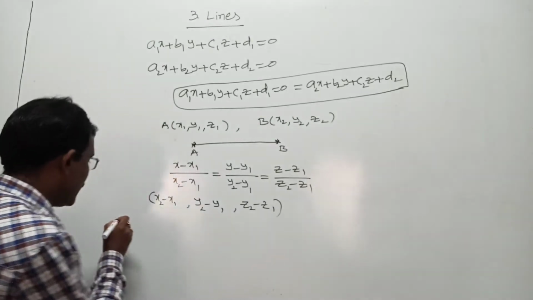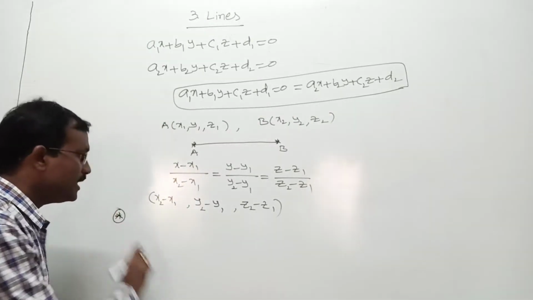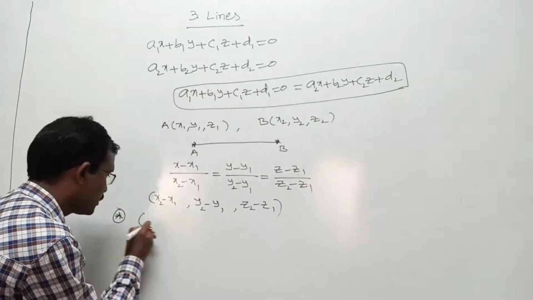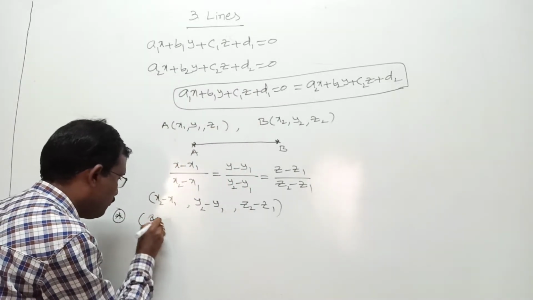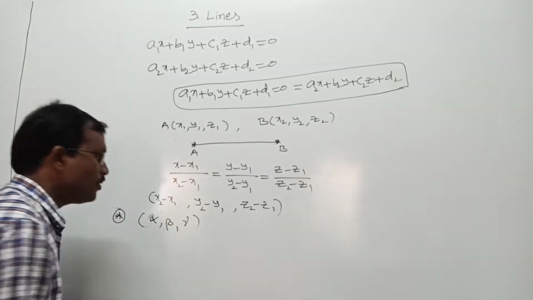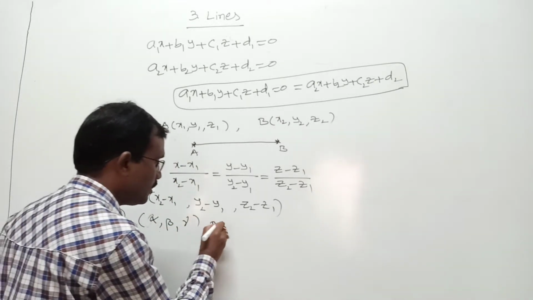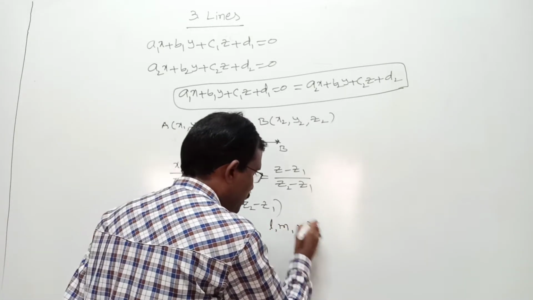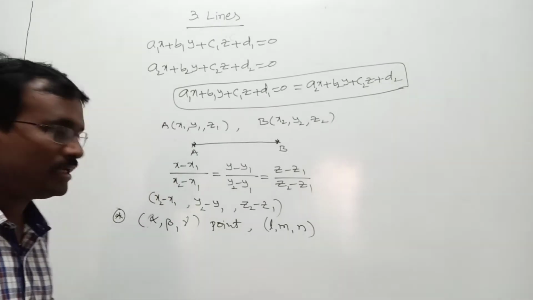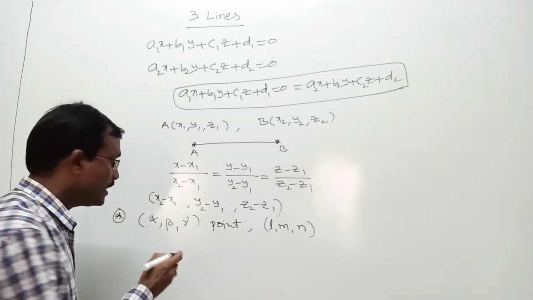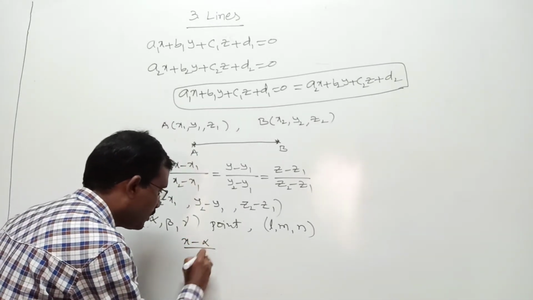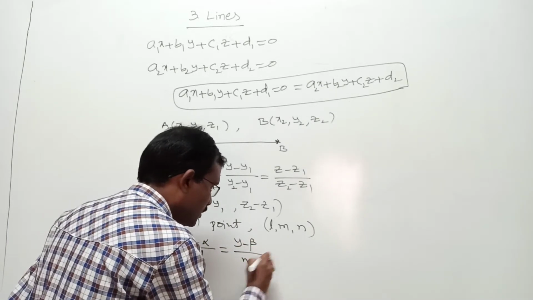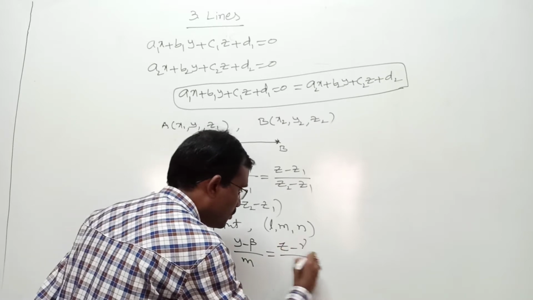Now I am going to define the symmetric form line equation using the above relation. Suppose alpha, beta, gamma is a point on the line, and l, m, n are the direction ratios of the line, then the equation of the line is x minus alpha by l equal to y minus beta by m equal to z minus gamma by n.